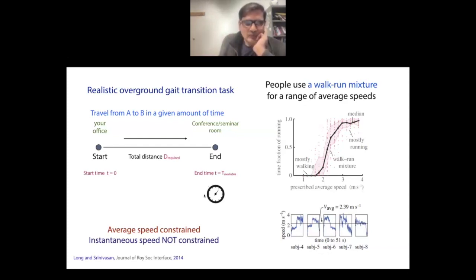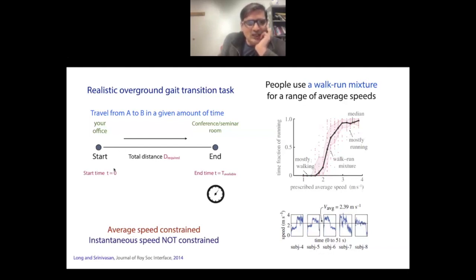So what we are constraining here is the total distance traveled and the total time, but we are not constraining the instantaneous speed. On a treadmill, the instantaneous speed is constrained if it's a short enough treadmill. But here we are not constraining the instantaneous speed. People are allowed to have very large speed fluctuations in this task.